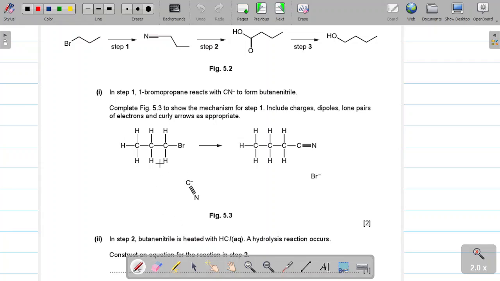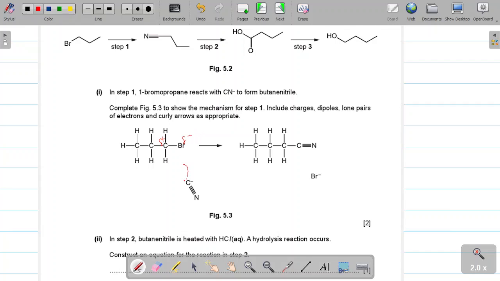So if we have to include our dipoles, we should recognize that the carbon that bears the bromine is going to be delta positive, the bromine is going to be delta negative. So this carbon is our electrophilic center. The carbon of the nitrile is going to be the attacking group. It's negatively charged, which implies that there's a lone pair of electrons here.